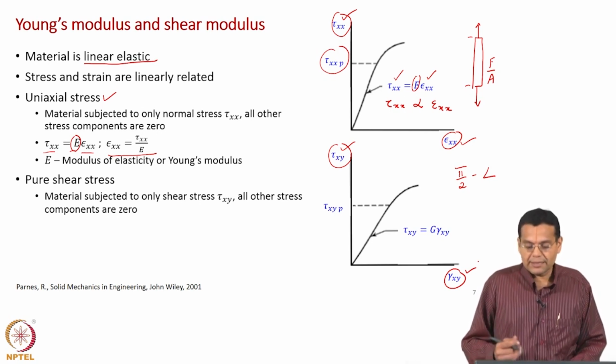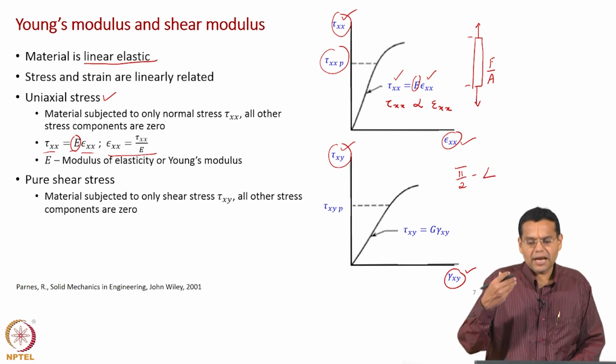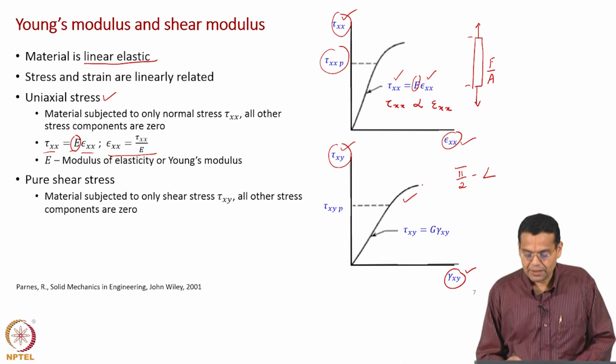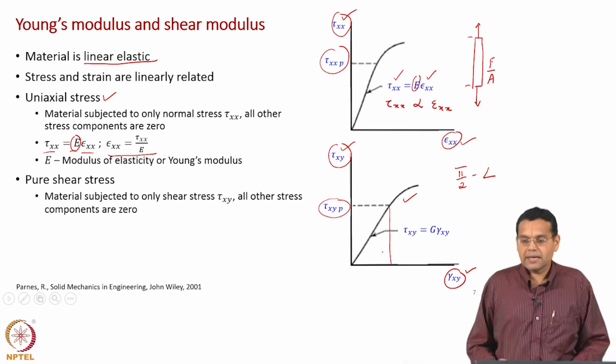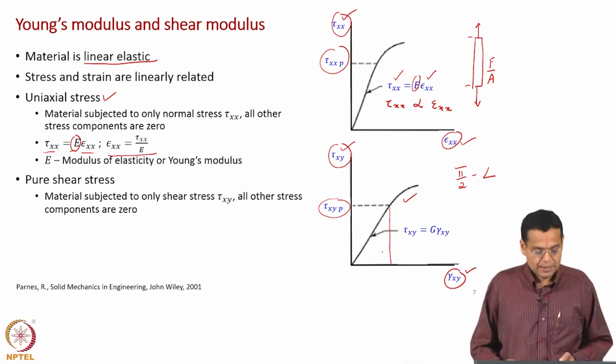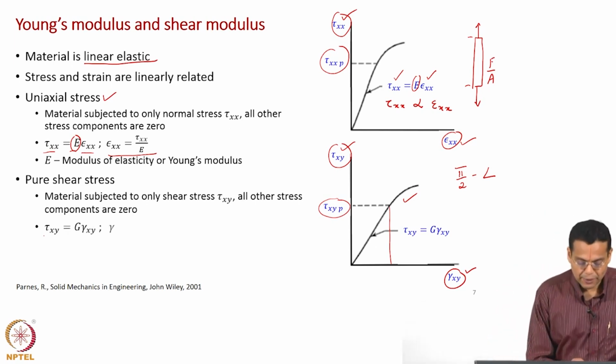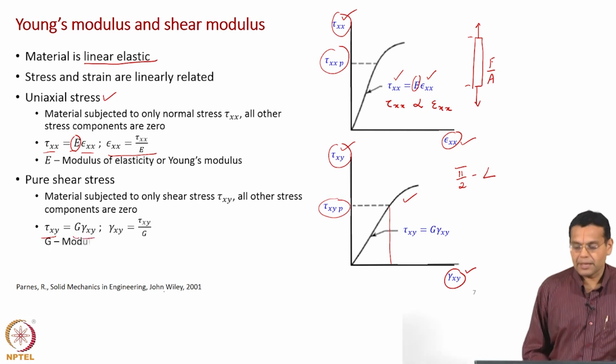Now, just like the graph between normal stress and normal strain, you get a general relationship which could be non-linear, but like in the previous case we restrict to a region where the shear stress shear strain relationship is linear, and that relationship is expressed as tau xy is equal to G into gamma xy.